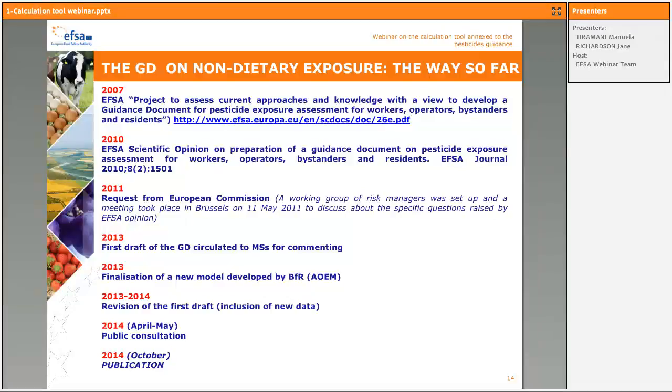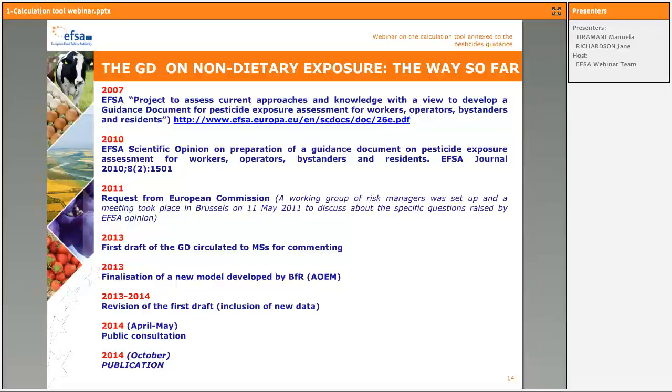In the meantime, the colleagues from BfR in Germany finalized a new model for agricultural operator exposure, the AOEM model. Therefore, it was decided in conjunction with the Commission to check whether the AOEM model could be included in the draft guidance we had, and this was the case, in fact.